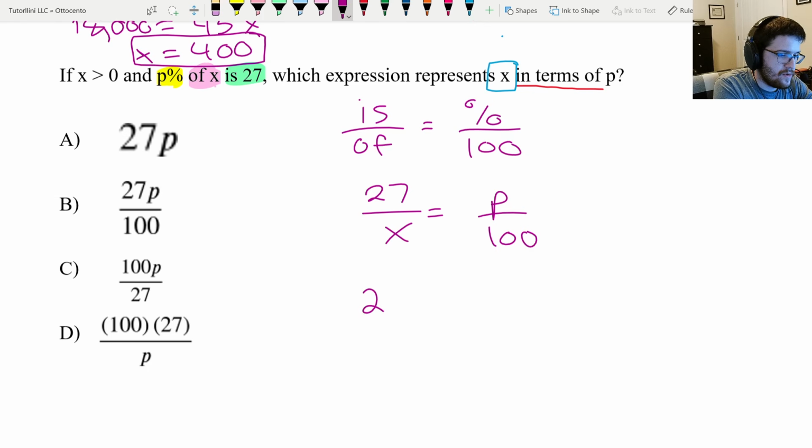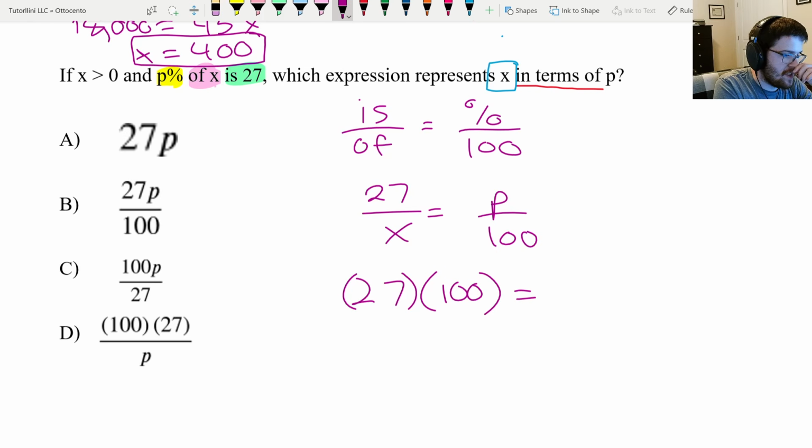So we're going to cross multiply. 27 times 100, which is 2700, equals X times P. For whatever reason they write it differently, but I'm going to write it like this.